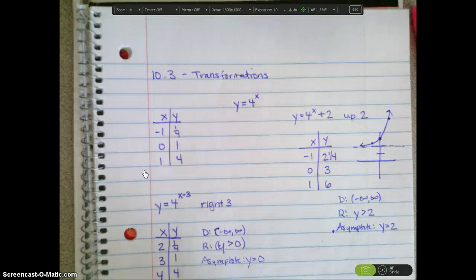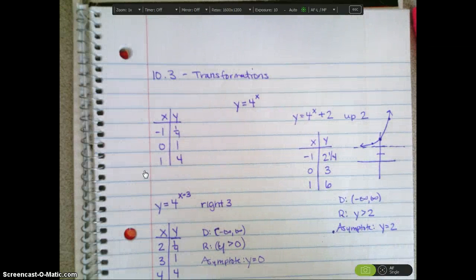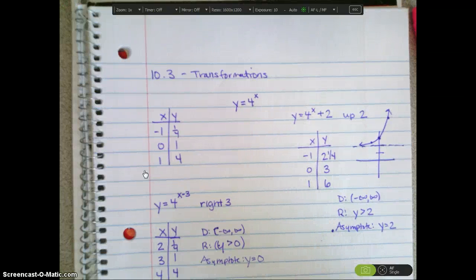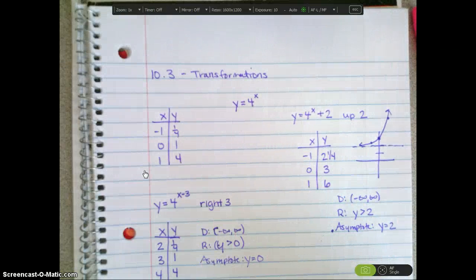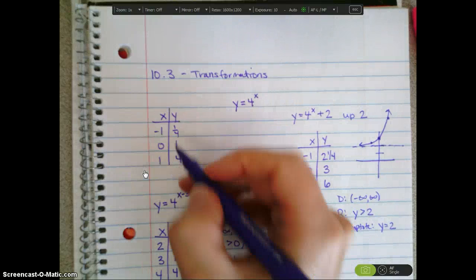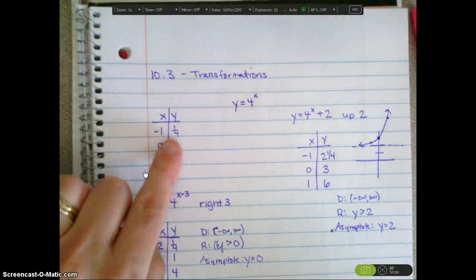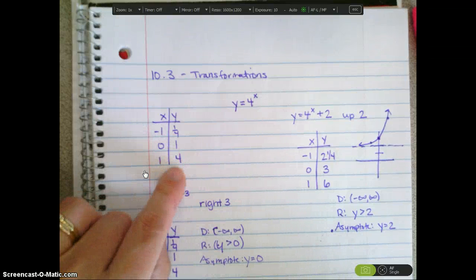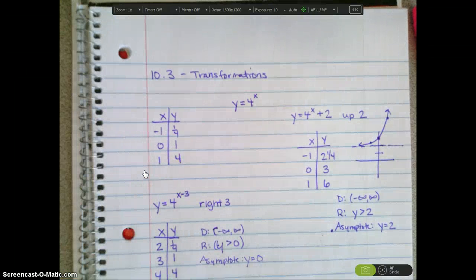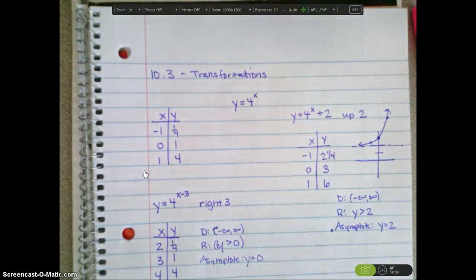This would just become -1/4, -1, and -4. The x values do not change with dilations, only the y values do. And you're just multiplying by 2. So 1/4 times 2 is 1/2, 1 times 2 is 2, and 4 times 2 is 8. So it just stretches it out, a vertical stretch.